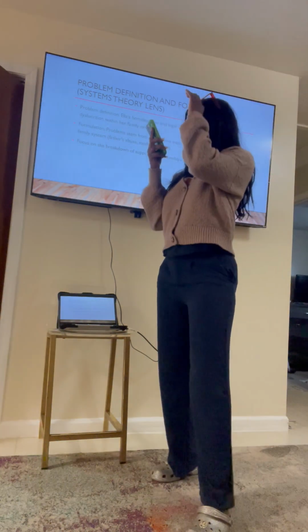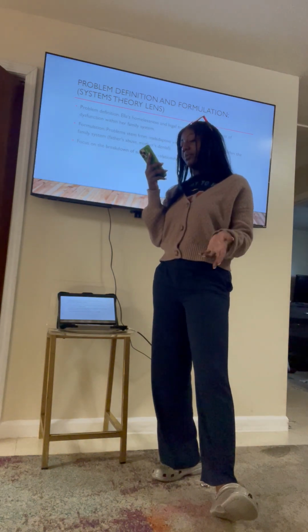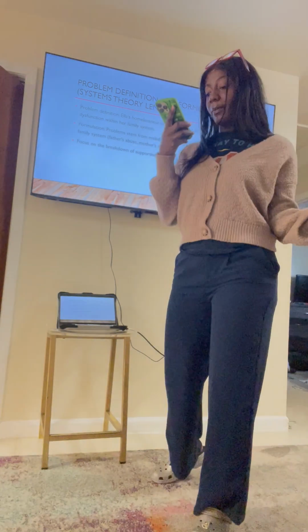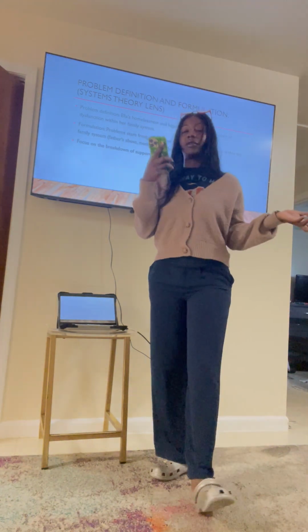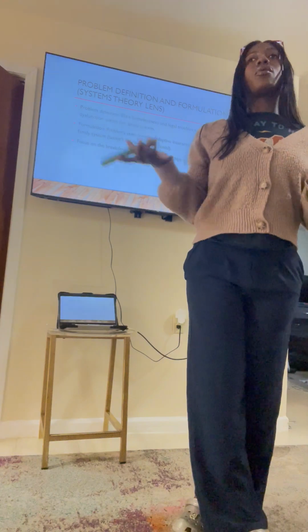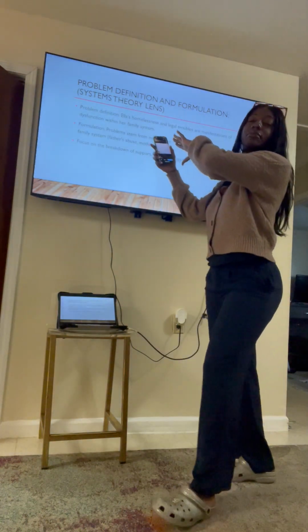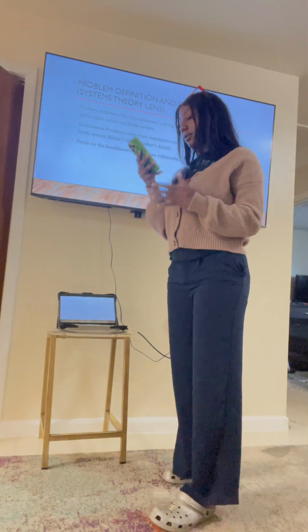Systems theory helps us see how the breakdown of supportive relationships within the family created an unsafe environment and contributed to her seeking survival outside of the home. So basically, all of the issues that were going on inside of her home are what the problem stemmed from.